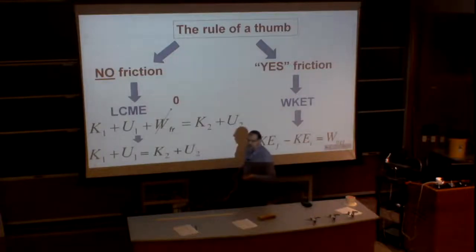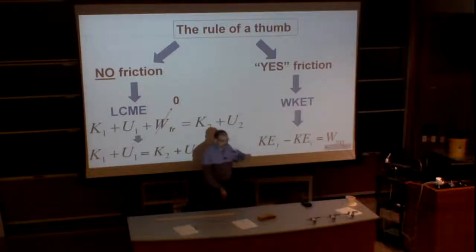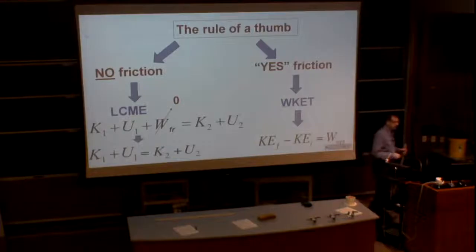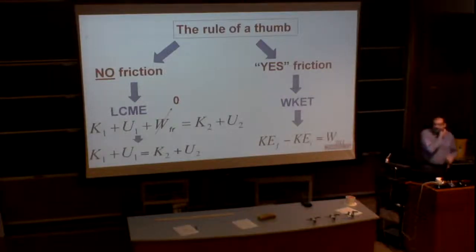This term just goes away, done. However, when there is friction, people might sometimes make a mistake. And to decrease the risk of making that mistake, I would recommend using Work-Kinetic Energy Theorem. Again, don't have to do that. Just a matter of convenience. Because again, all those laws represent exactly the same relationship, exactly the same law of nature.